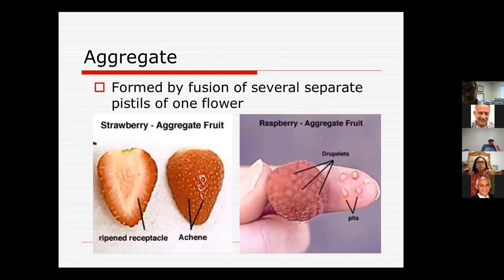An aggregate fruit is where you have multiple ovaries that fuse together. So the pistils from that single flower are fused together, and that gives you this multiple fruit, raspberries, strawberries, things like that.